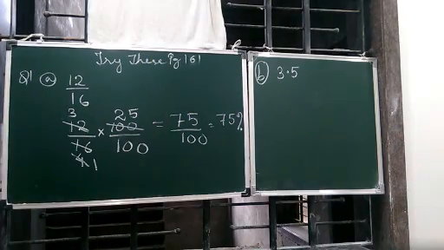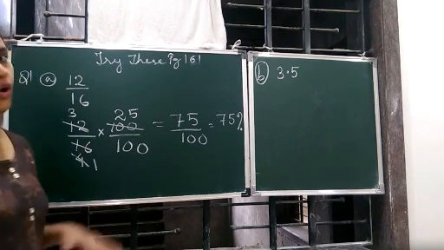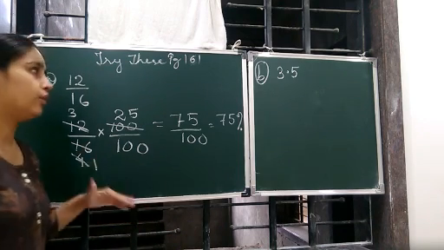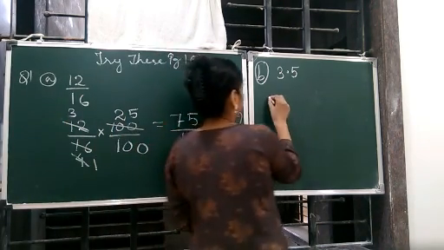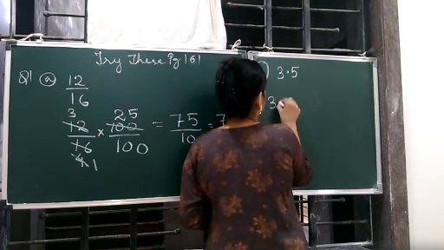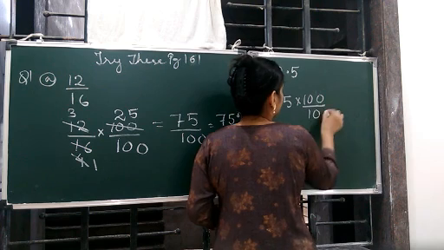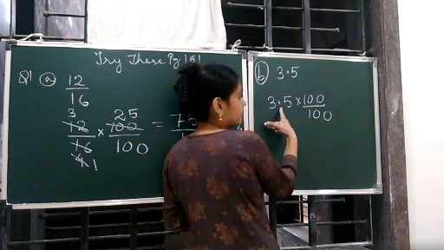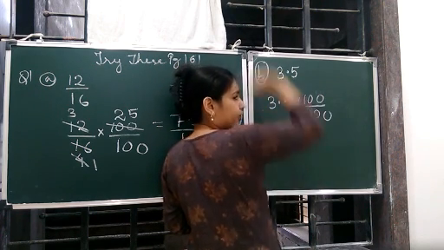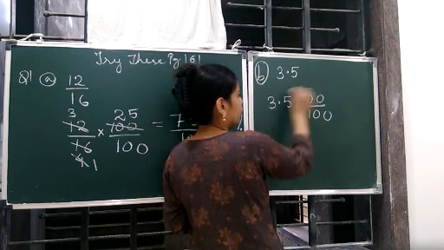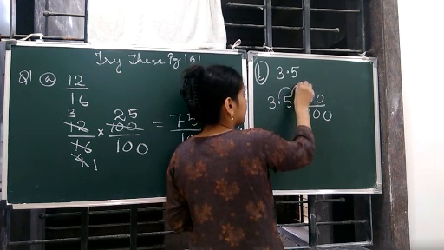3.5. Again, what to do? Either multiply by 100% or multiply by 100 upon 100, depending on your choice. Again, you see there is multiplication and there is a decimal, so shifting will be towards the right. How many places? 1, 2. This is one place, this is the second place.